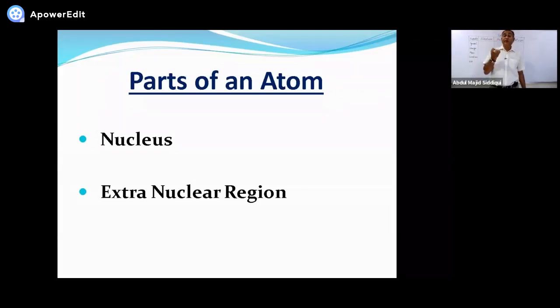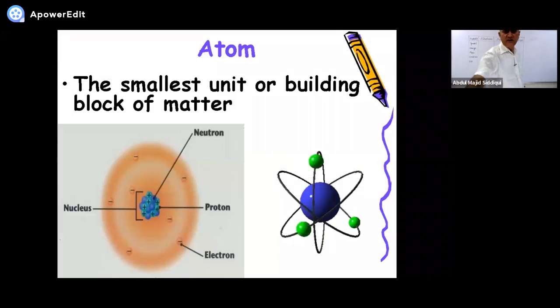The central part, or nucleus, and beside the nucleus, electrons revolve around the nucleus. That part is called extranuclear region. As you can see in this picture, the central part, nucleus, and around the nucleus, electrons are revolving.